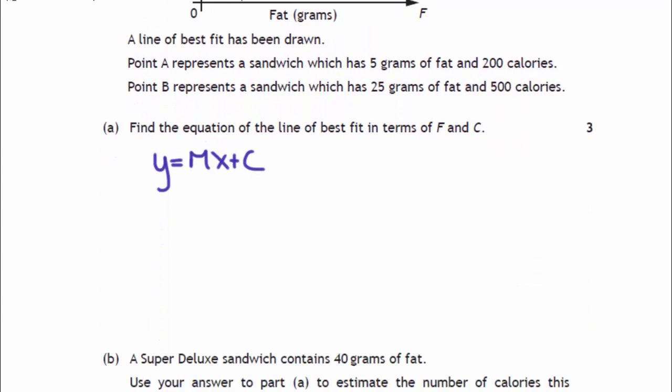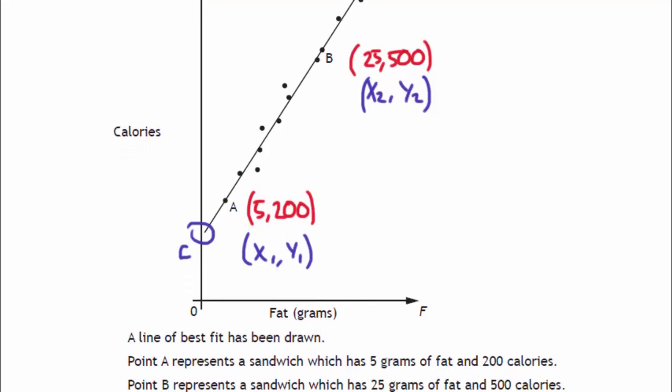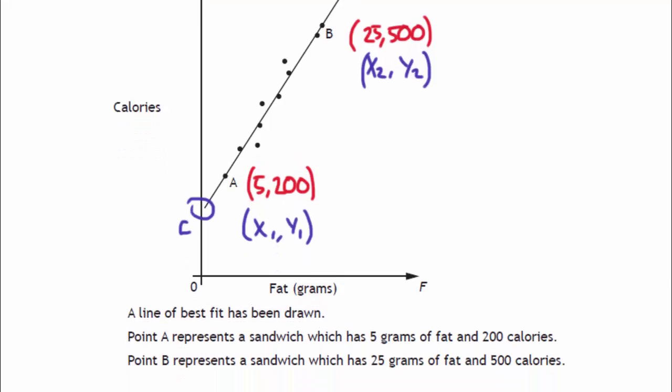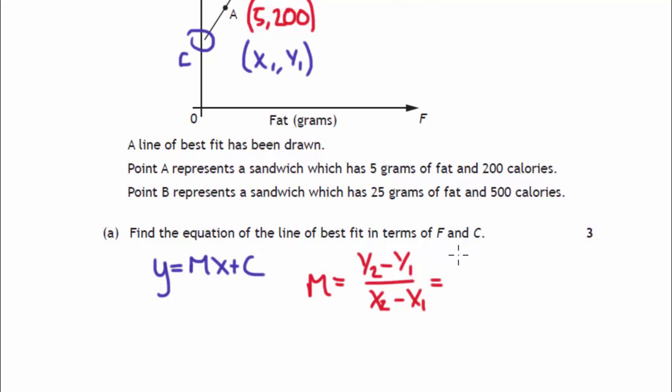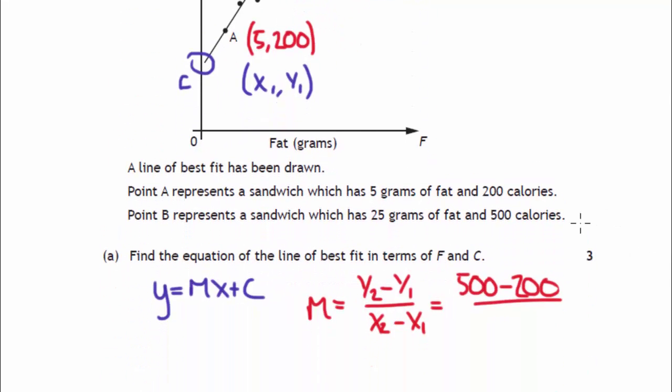So what we do is, to work out the gradient, we just say m equals y2 minus y1 over x2 minus x1, and we just read it from up here. So y2 is 500 and y1 is 200. So that's, we've got x2 is 25 and x1 is 5.